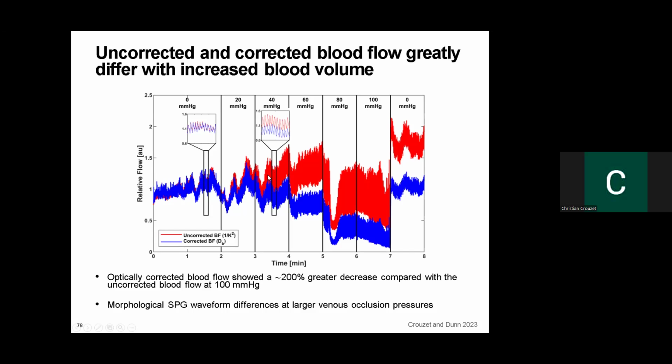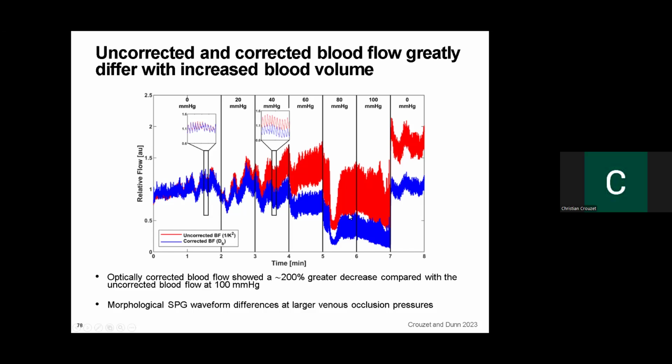The uncorrected actually still seems like it's elevated, whereas once you correct for it, you can already start seeing decreases in the blood flow due to blood volume. So that intuitively made sense to us. It gets more apparent as you increase pressures, where you start seeing larger separations.